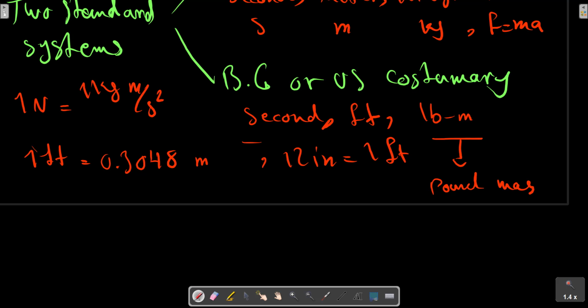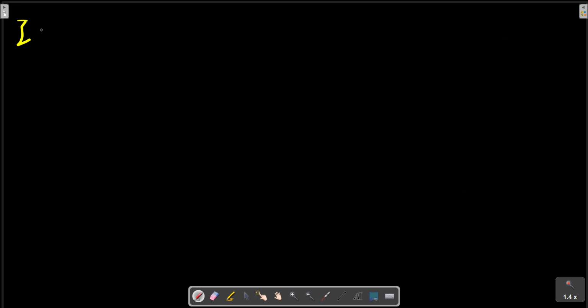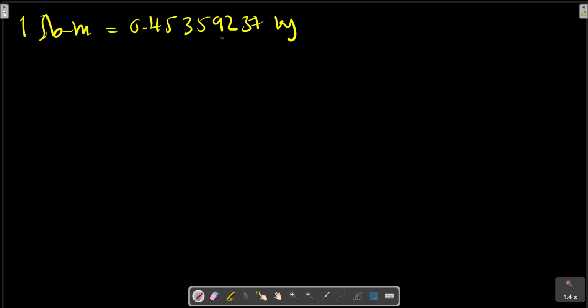We have also the pound force. A related unit is the pound mole.